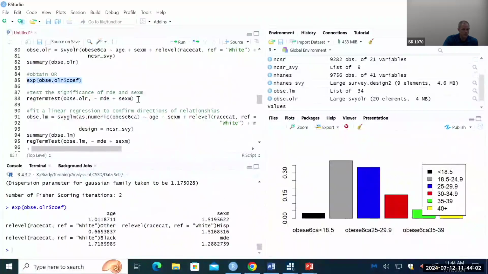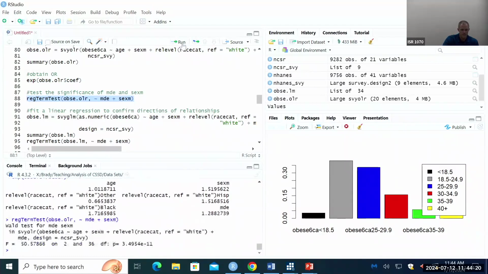And again, we can use regTermTest. So here is the analog of using test with MDE and sex male that we used within ordinal regression in Stata. This is testing whether that block of predictors is adding anything to the overall model. I can use that regTermTest, and just like we saw within Stata, we would clearly reject the null hypothesis that both of those predictors have coefficients of 0 in that model.